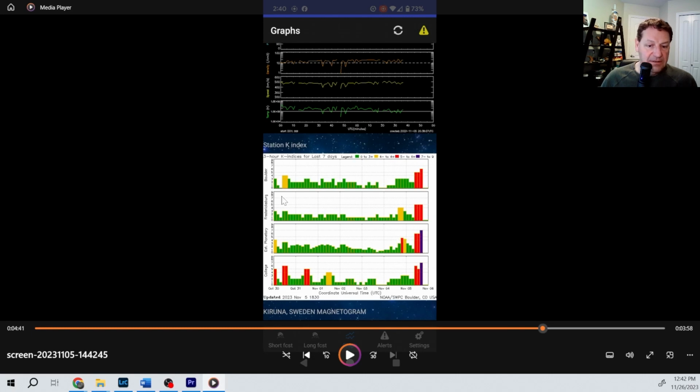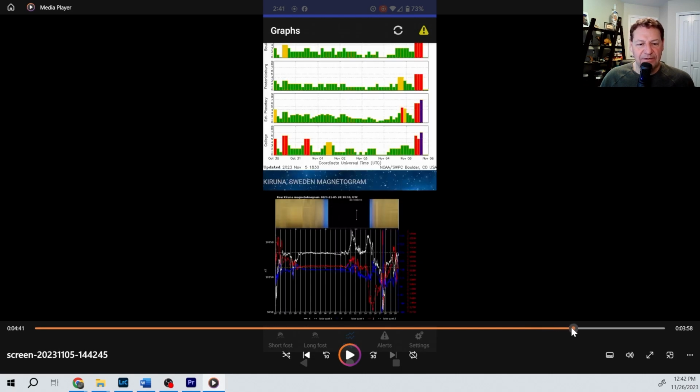So you can see that they differ a little bit between different locations, and then they get averaged. K is the measure, P is the average across the planet. It's actually German, but the planet in German starts with a P as well, so it's planetarisch or something. I don't know German.